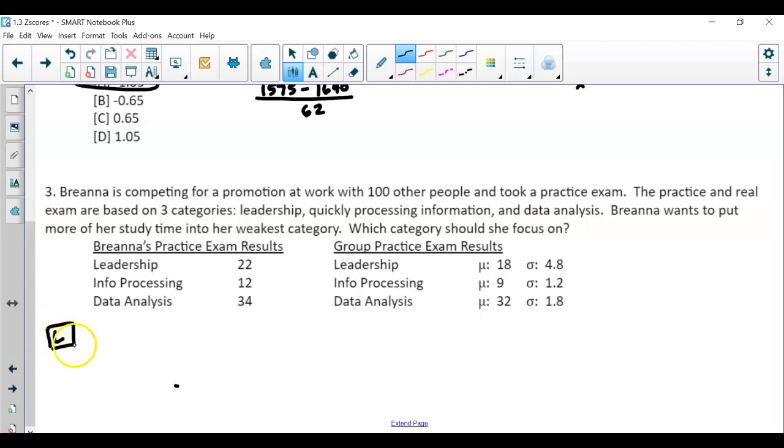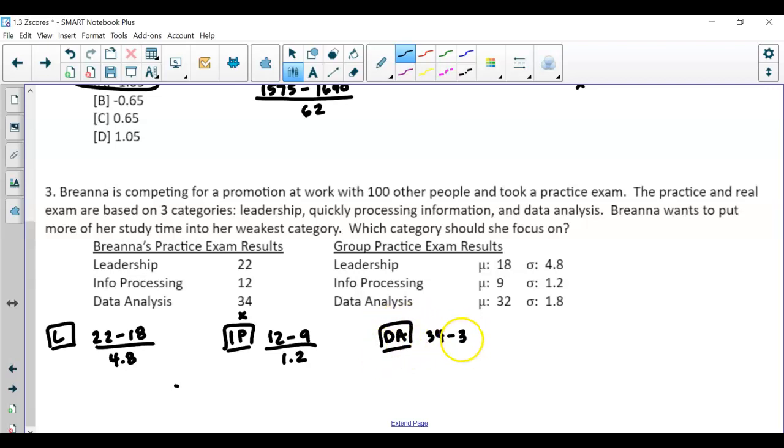So for leadership, this is my x value, right? Because that's the score that we need to convert. So 22 minus 18 divided by the standard deviation of 4.8. So for the info processing, 12 minus the mean, which was 9, divided by the standard deviation. So then the data analysis, 34 minus the average of 32 divided by the standard deviation of 1.8.